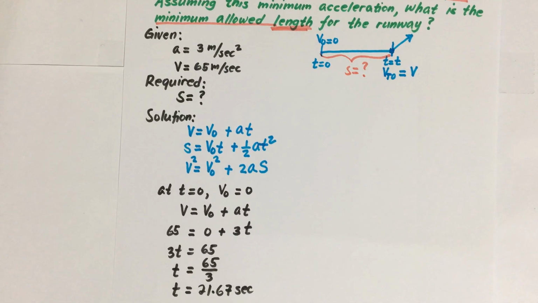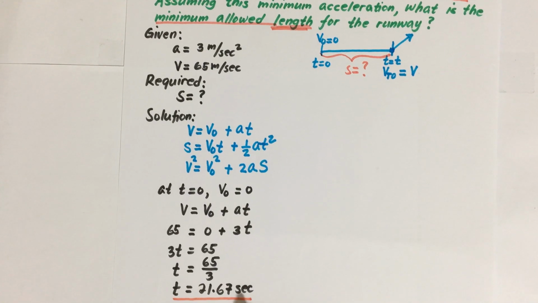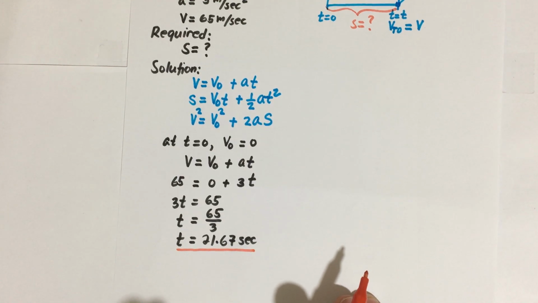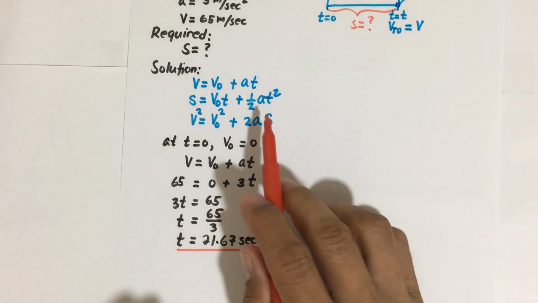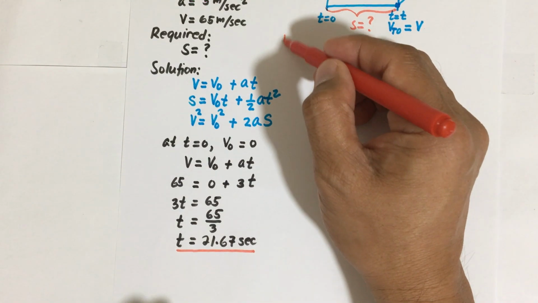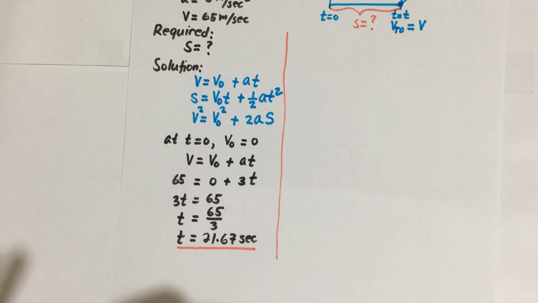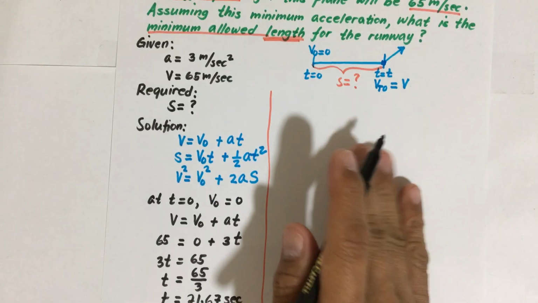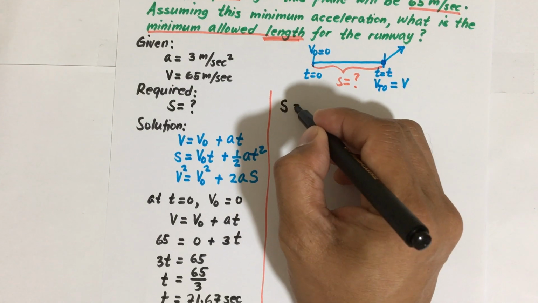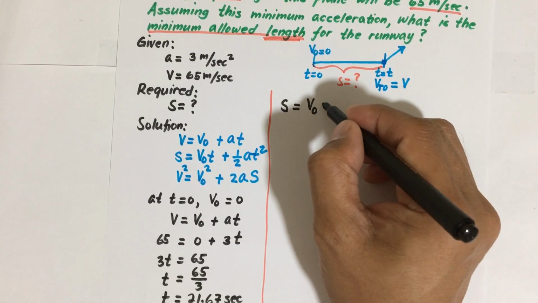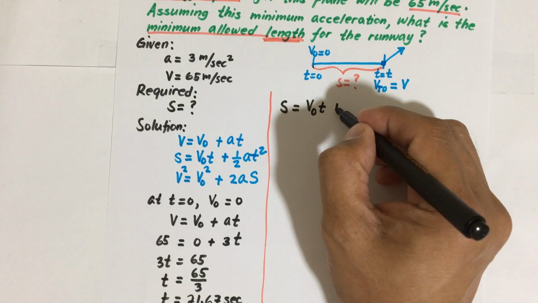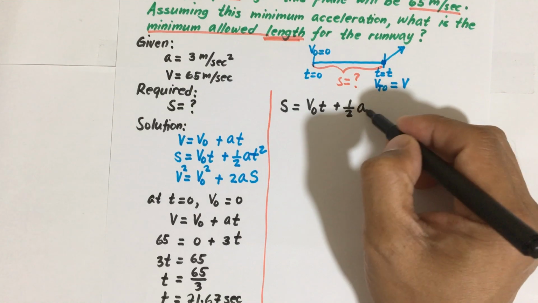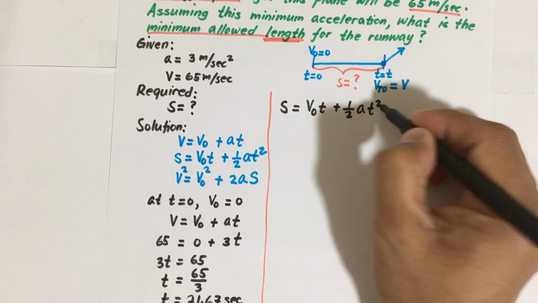Alright, so we have solved now the t, and we can solve for the displacement s, or the minimum allowed length, by using the second formula here. So s equal to v sub 0, the initial velocity, multiplied by time, plus 1/2 times a, the acceleration, times the square of the time t.